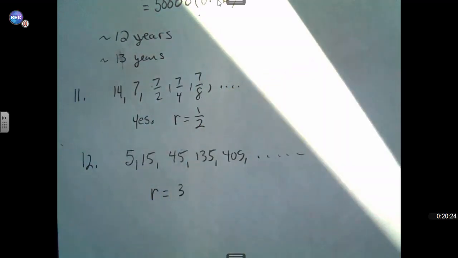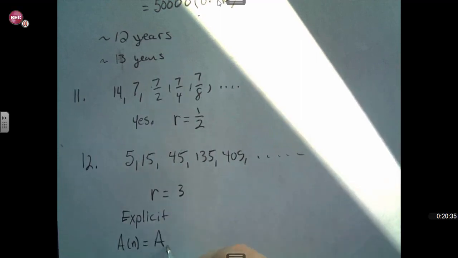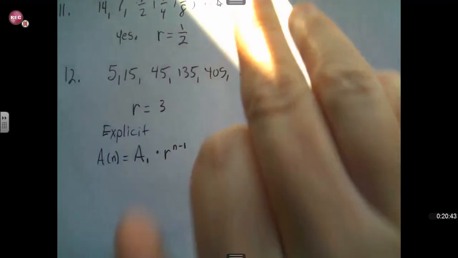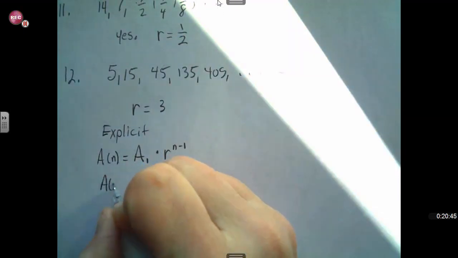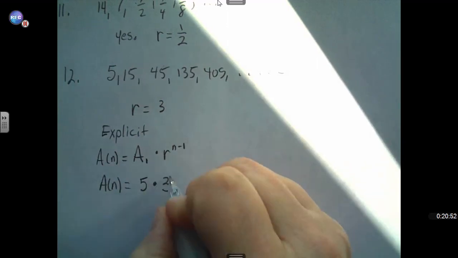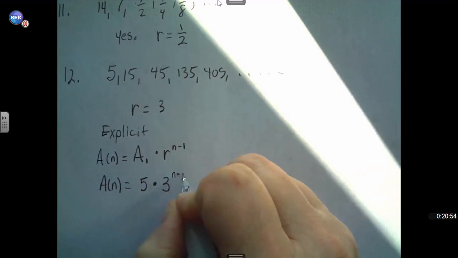So for the explicit formula, A of n is A sub 1 times r to the n minus 1. So A of n is the first term, which is 5, times 3 to the n minus 1.